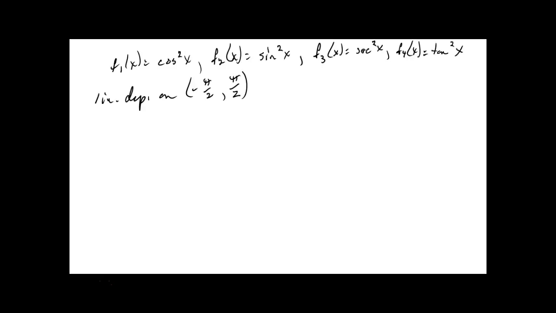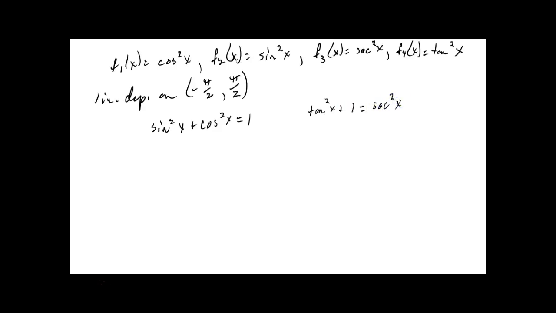Well, as soon as I wrote down cosine squared and sine squared, first thing that popped in my mind was sine squared x plus cosine squared x is equal to 1. And then when I wrote down secant squared and tangent squared, guess what popped into my brain then? Tangent squared x plus 1 is equal to secant squared x.